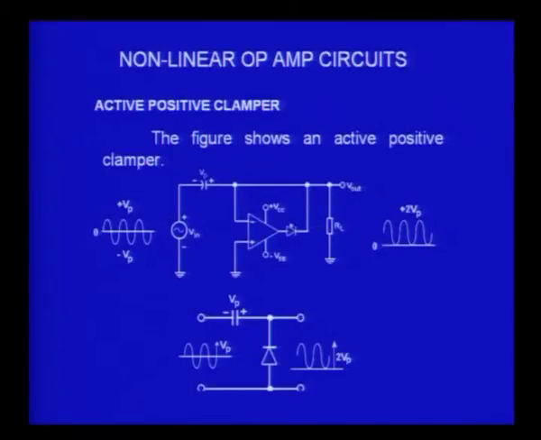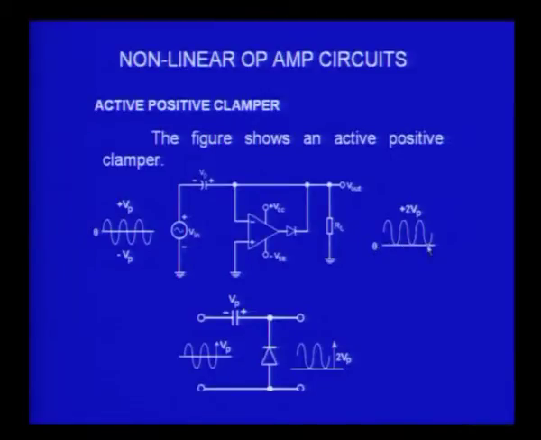Once the capacitor is charged, this diode will become open circuited, and whatever input signal I give, it will be in series with this Vp, and the output therefore, will be shifted with reference to average DC by a value corresponding to Vp. So, the whole output signal will become clamped at the positive side.